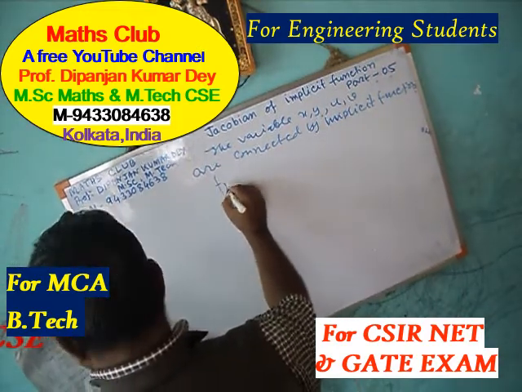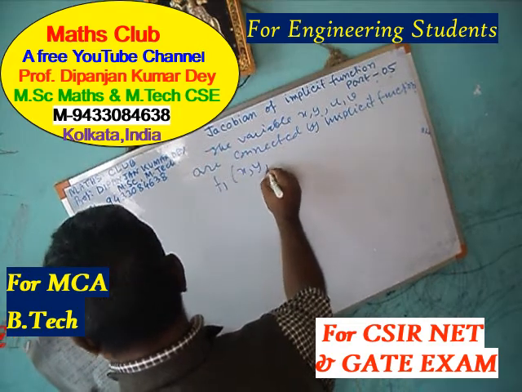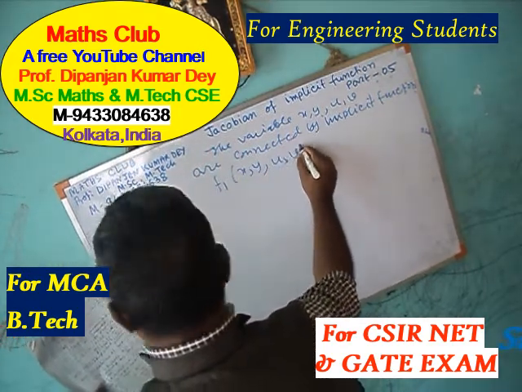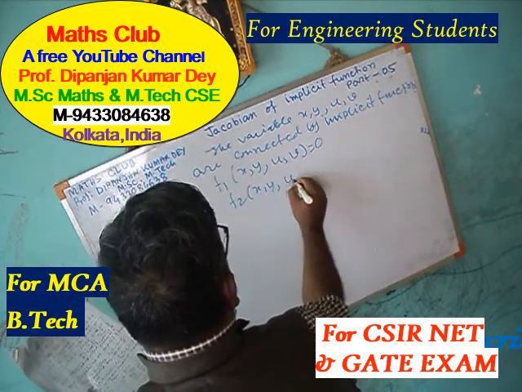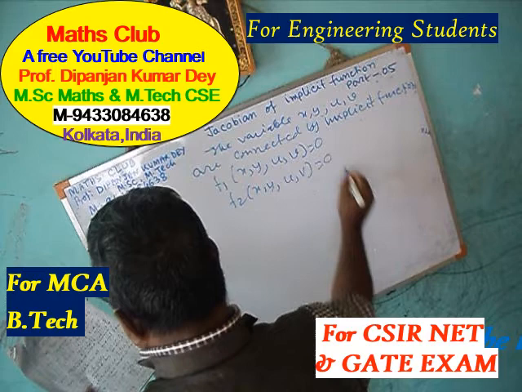That is, f1(x, y, u, v) is equal to 0 and f2(x, y, u, v) is equal to 0.